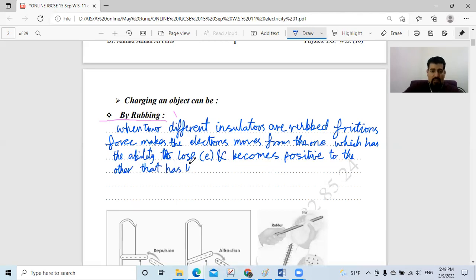That has the ability to gain electrons. And what happens to it? It becomes positive or negative? Exactly, it becomes negative. So that's how rubbing happened. Okay? Good?